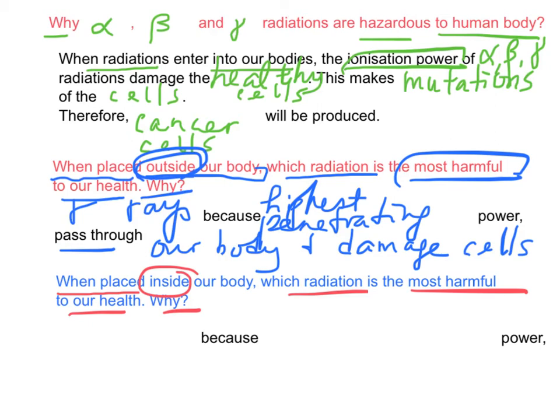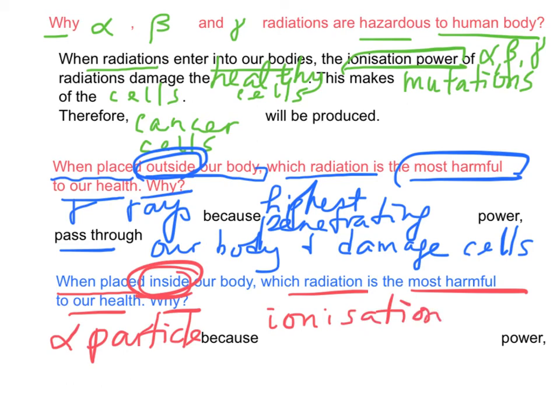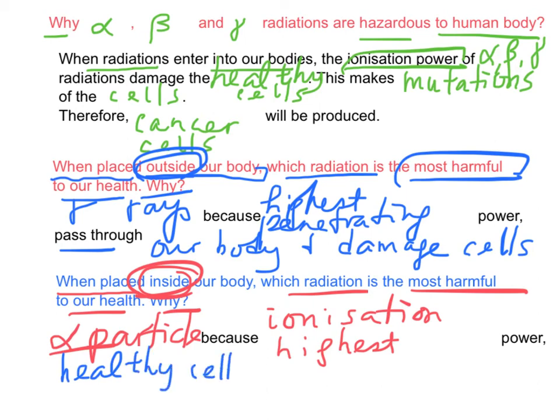If the source is placed inside our body, then alpha particles will be the most dangerous, because the ionization power of alpha particles is the highest. Therefore, more healthy cells will be ionized and cause cancer cells.